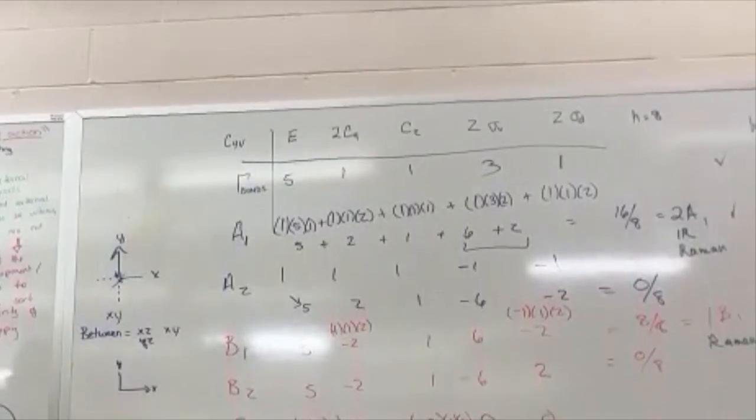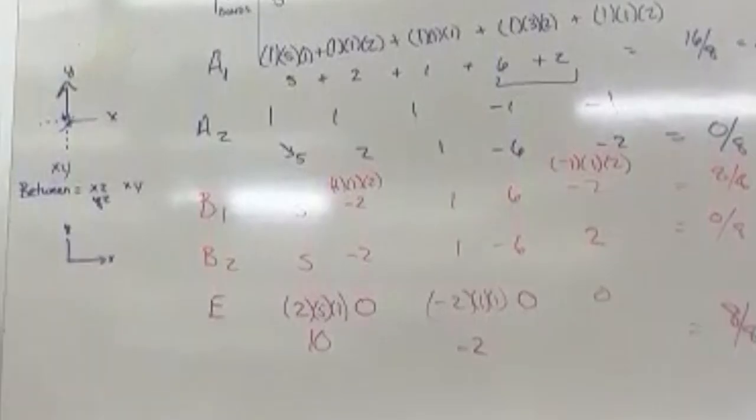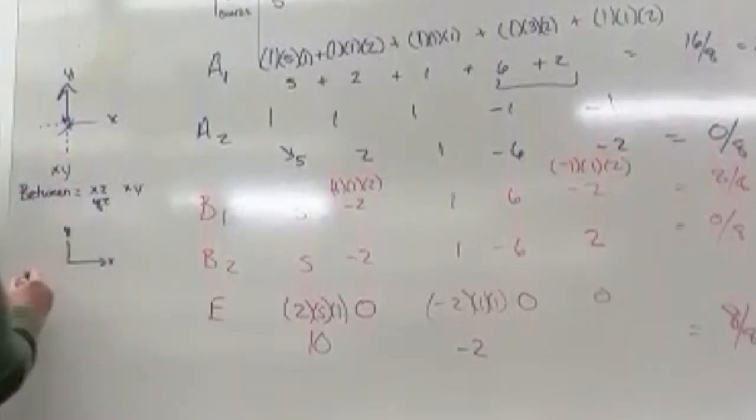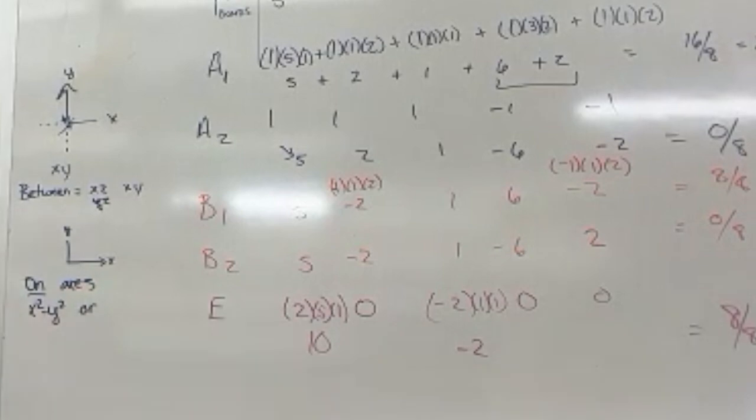Yes, so this is x squared minus y squared. So on the axes, it could be x squared minus y squared, or what do we call the one that goes up and down? Z squared. Z squared, and that's the one that looks like a p orbital, but it's got a donut.